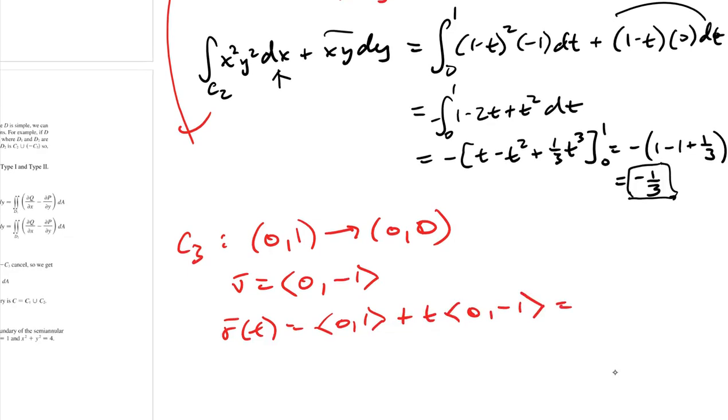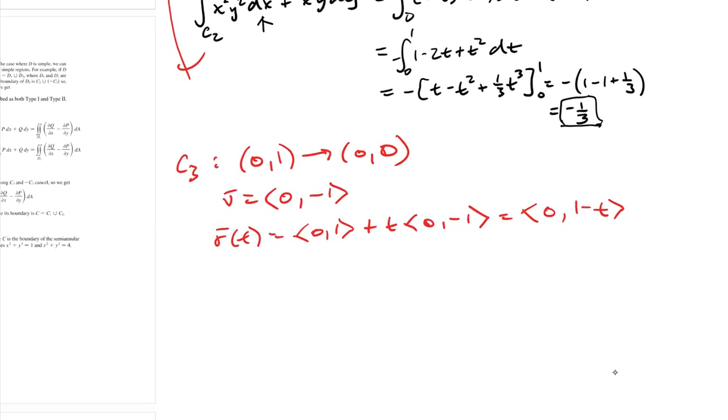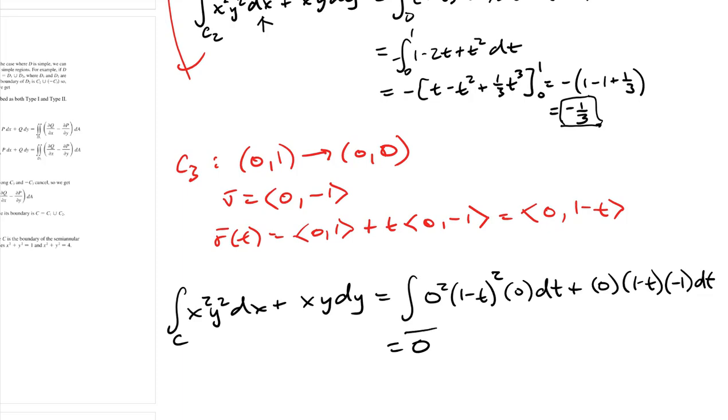Seems like years ago. So now this is 0 comma 1 minus t. And whenever I do that integration, I'll go ahead and pause the video and come back. So it looks like we get 0 for that one, which is kind of cool.